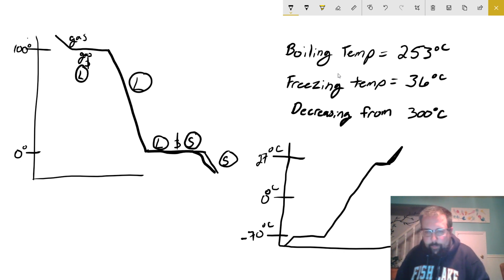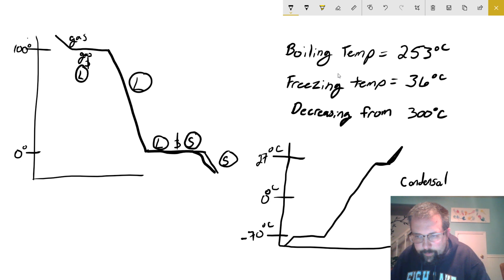From this graph, I want you to tell me its condensation point. What temperature will it turn from a gas to a liquid? Then tell me what its boiling point is. When does it turn from a liquid to a gas?